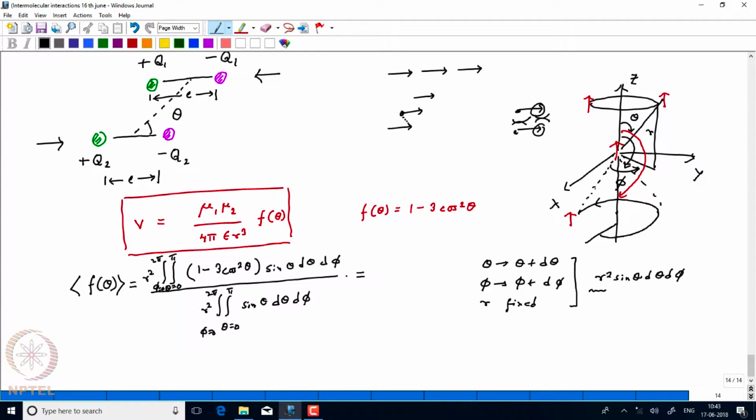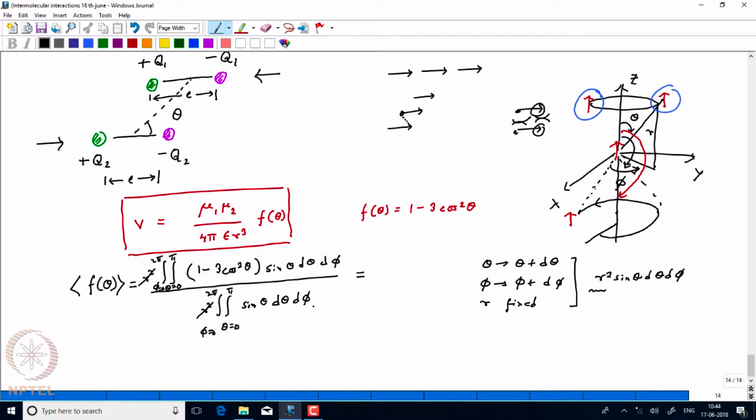So, the phi integration is the same, as you can see that it depends only on the cos square theta, as we have shown that this orientation and this orientation, the interaction will be the same. So, it is independent of phi. As a result, the phi integration will give 2 pi. Those 2 pi's will get cancelled from the numerator and denominator, just like r square, and then in the denominator the total integral will be 4 pi, because that is the solid angle. 4 pi r square is basically the surface of a sphere.